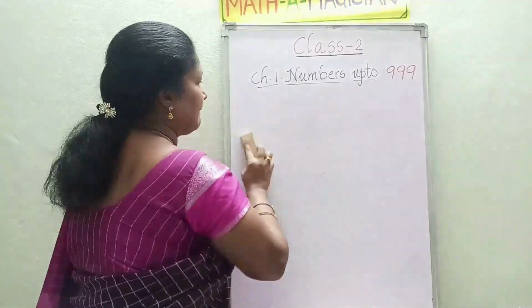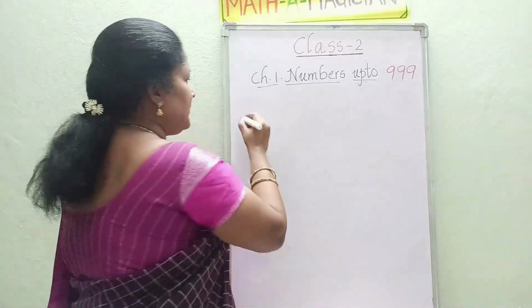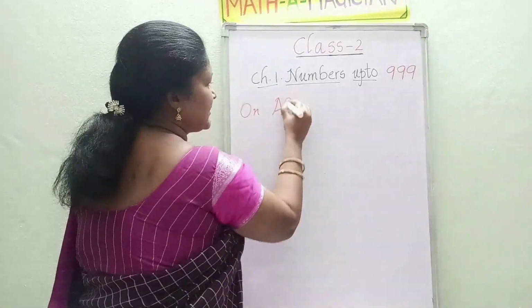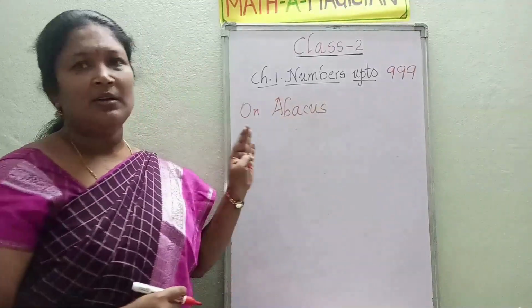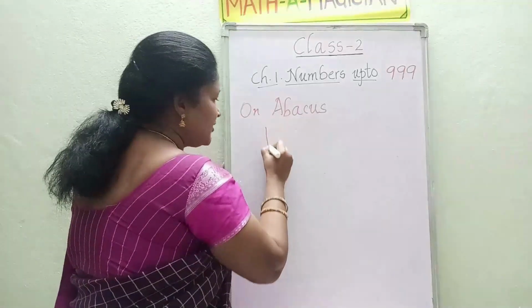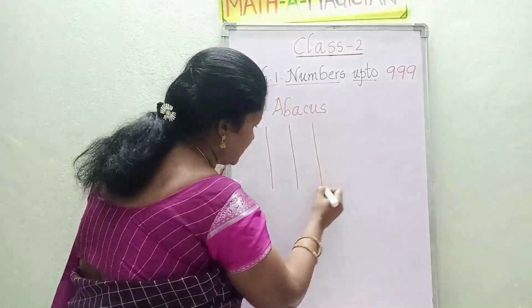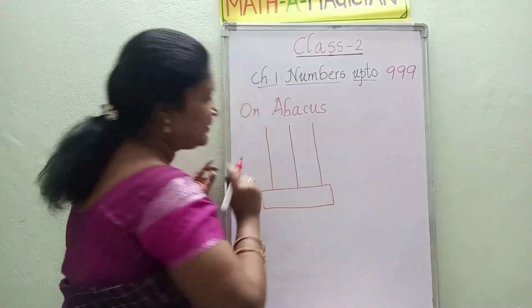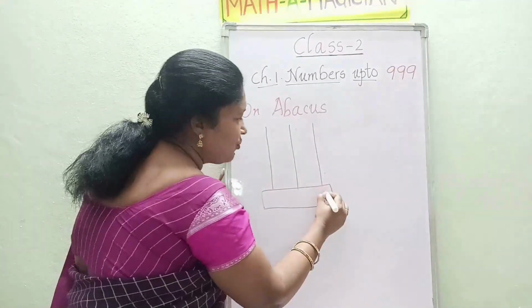Next, we can represent numbers on abacus. So here for the abacus instrument we have strings like this. 3 strings are there.